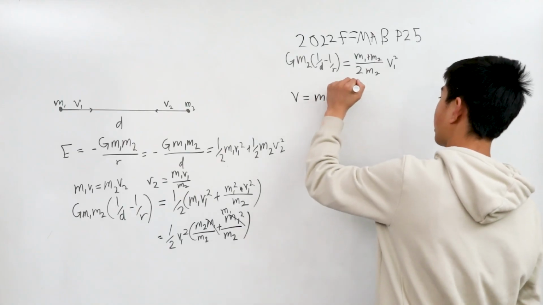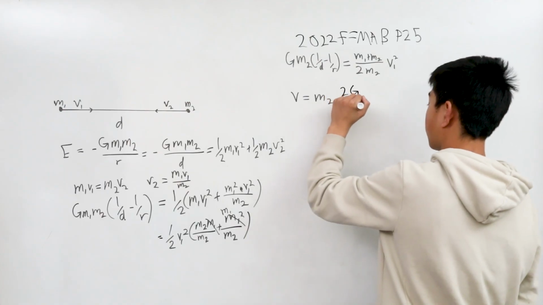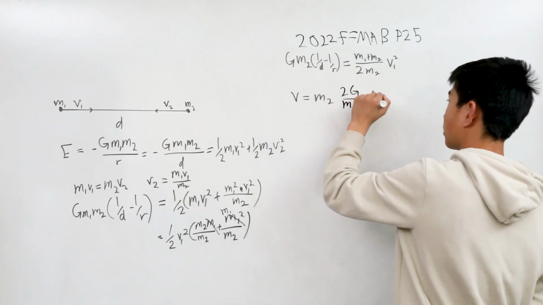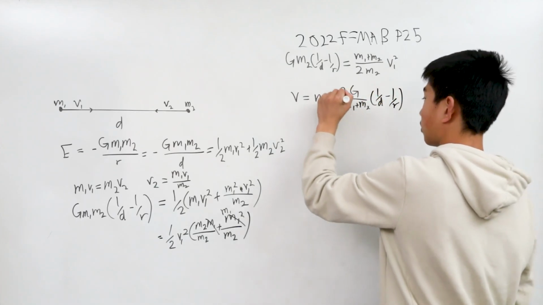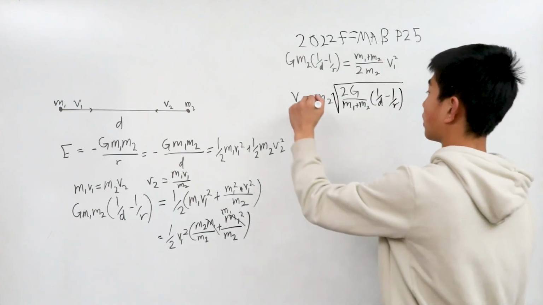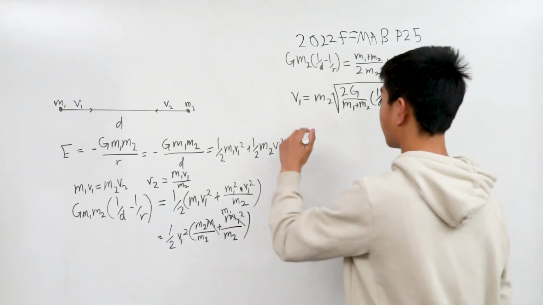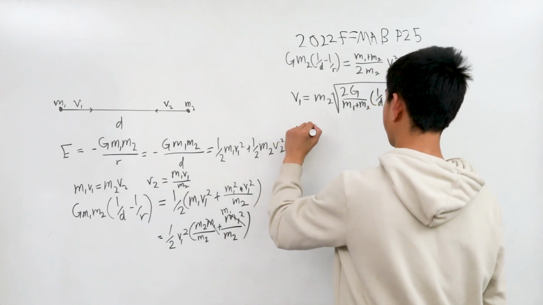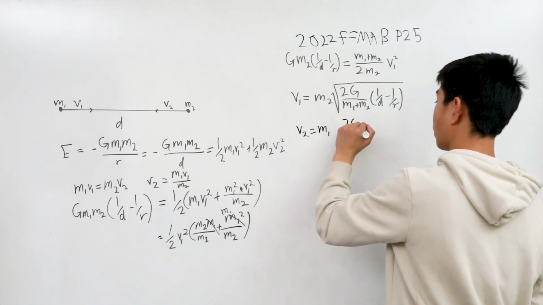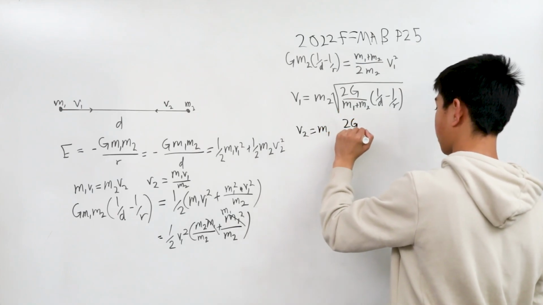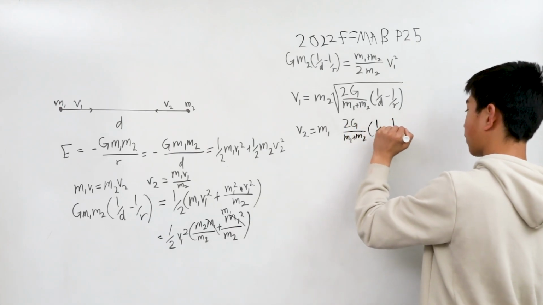This is 2G, and then you divide by the denominator here, M1 plus M2, times 1 over D minus 1 over R. This is what you should get, and this is V1. You can do the same exact process for the second velocity V2, where V2 is equal to M1 times the square root of 2G over M1 plus M2 times 1 over D minus 1 over R.